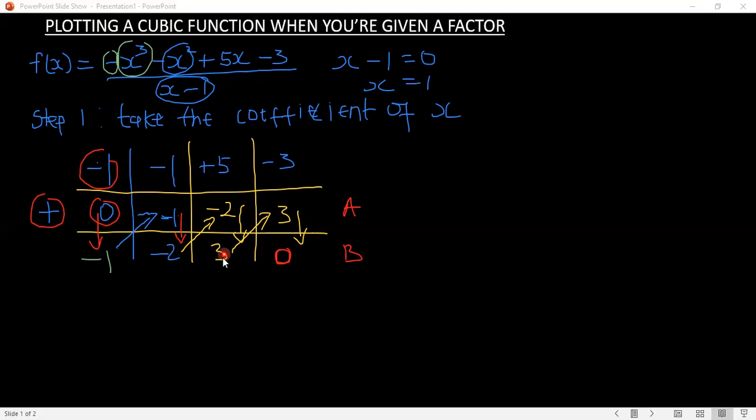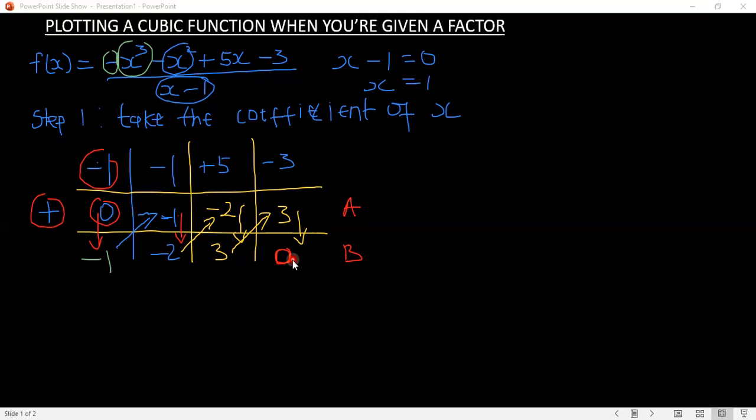Then from here to there, we multiply by our x value. So 3 times 1, we get +3. Then -3 plus 3, we get 0. Then guys, once you get 0 here, you will be 100% correct.